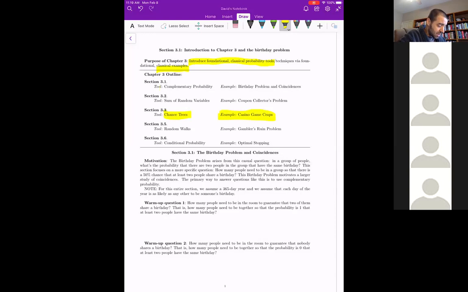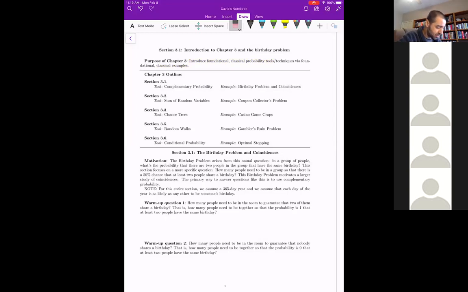Today, we're going to talk about complementary probability, a topic we've already seen through the lens of coincidences and the birthday problem. But basically, this is what chapter 3 is. Every day, there's a tool that the book wants to introduce to you, a classical tool of extreme use and importance, and they're going to do it through a famous problem. So the coupon collector's problem is very famous, gambler's ruin, very famous, etc. So that's what chapter 3 is, and what we're going to do for the next 2 weeks or so, I guess.